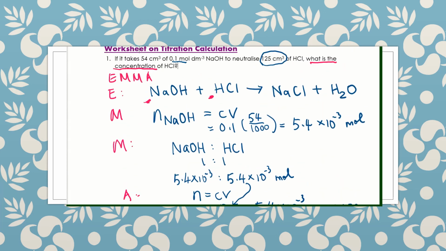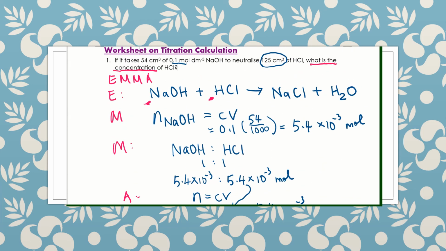But double check again the significant figures. You could see the significant figure given in the question is 0.1 as the smallest. You have 2 here, 1 here, and 3 here. So we're going to get the smallest significant figure as 1 significant figure.